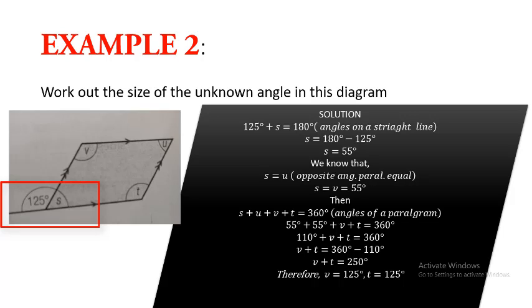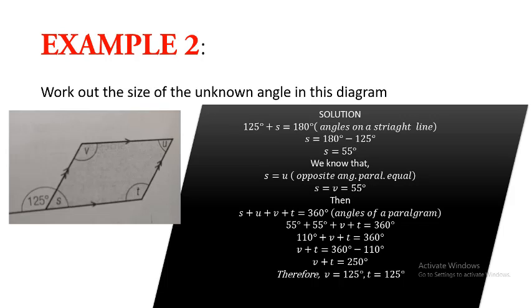So if we add these two angles, the answer is 180 degrees. Why? Angles on a straight line. Therefore, S is equal to 180 degrees minus 125 degrees, and the answer is 55 degrees. So 55 degrees is the size of angle S.